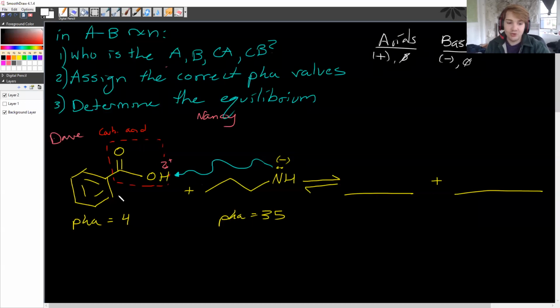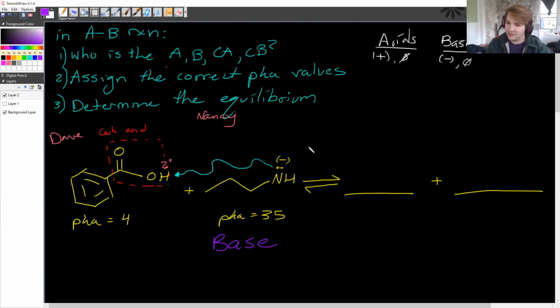So both of them could be neutral. So as of right now, Dave could be an acid or a base because he's neutral. So we look at the other structure and we see, oh okay, this is negative, and negative means a base. And so I can say definitively that Nancy is a base.